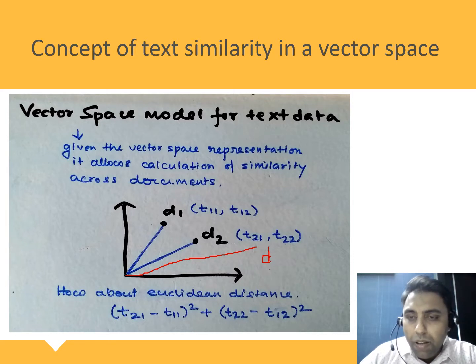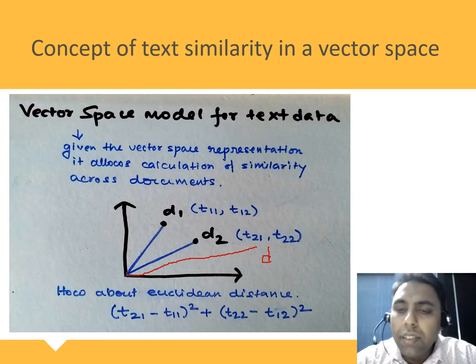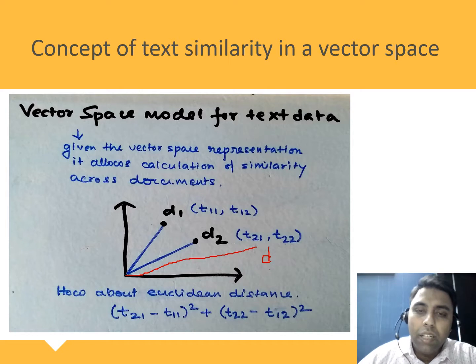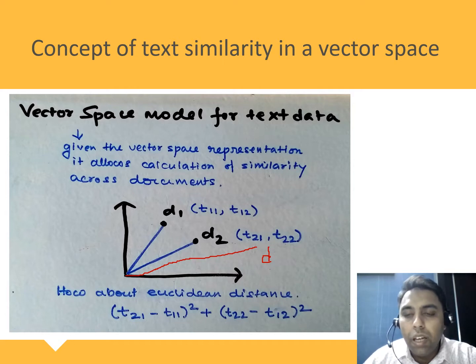Which is not an ideal scenario, because Euclidean distance, by the very definition of it, is getting scaled up between D1 and D as compared to D1 and D2. But between D2 and D, there is not much of a difference in the context of the subject, just that one particular term has been repeated and its value has been doubled up. So the similarity measure should not suffer because of that, right?